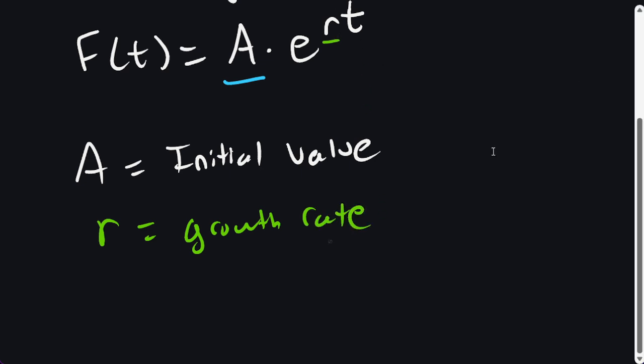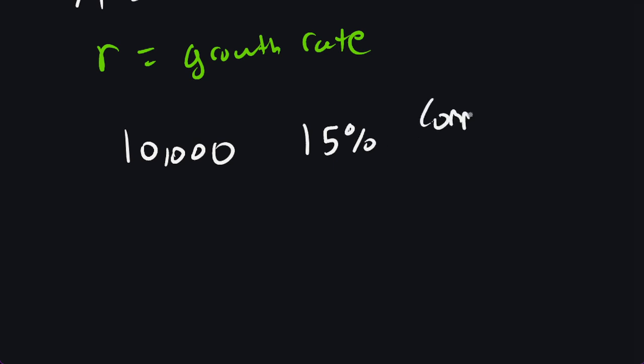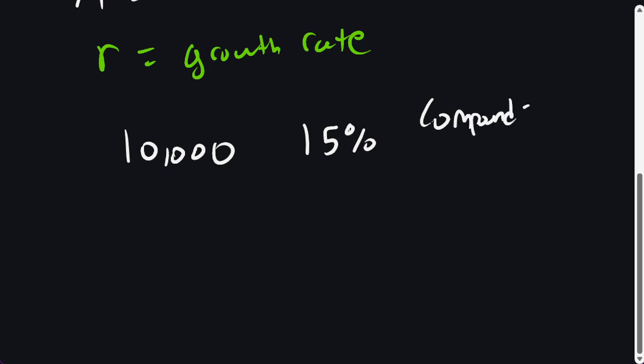So let's say we had this example where we deposit $10,000 at a bank that gives us 15%, and it compounds continuously. Now, you won't find this in banks in real life, but let's say we had this imaginary bank that had a really good savings account.